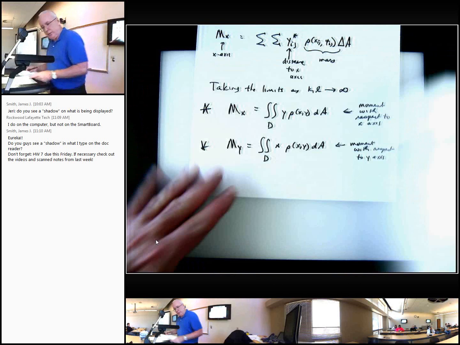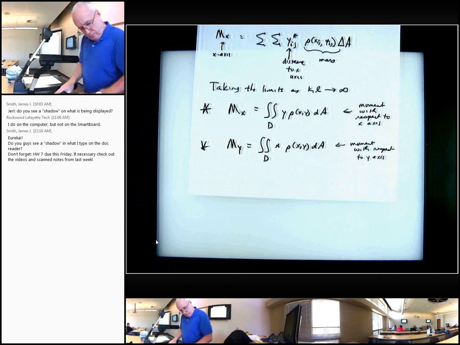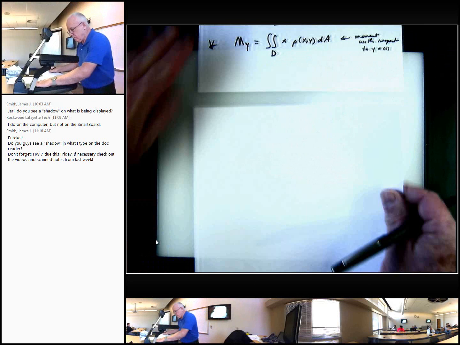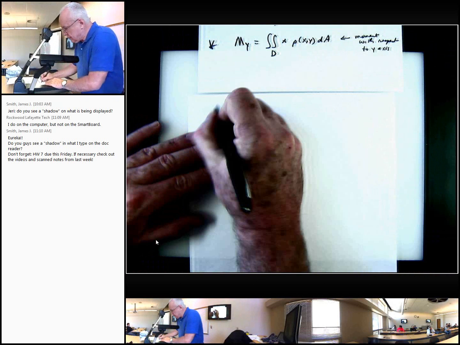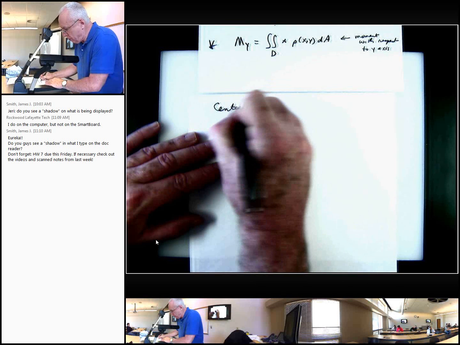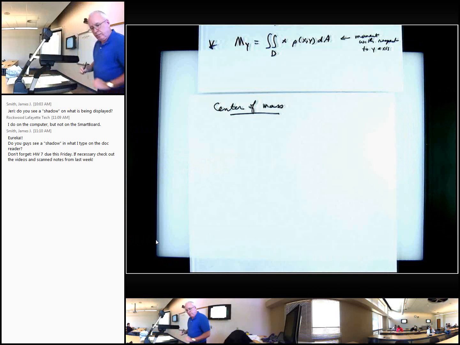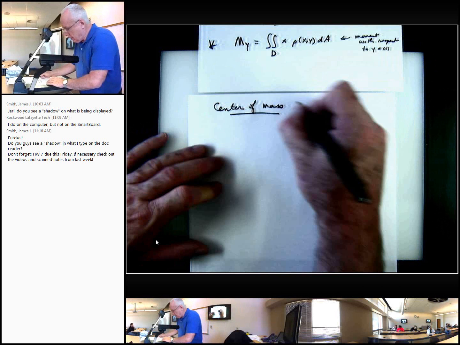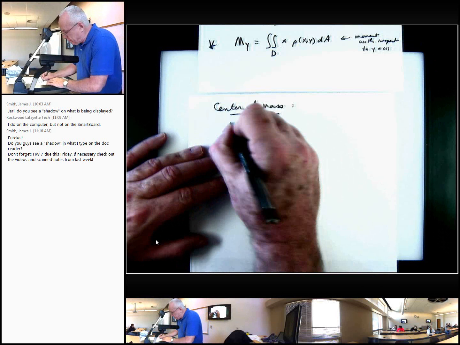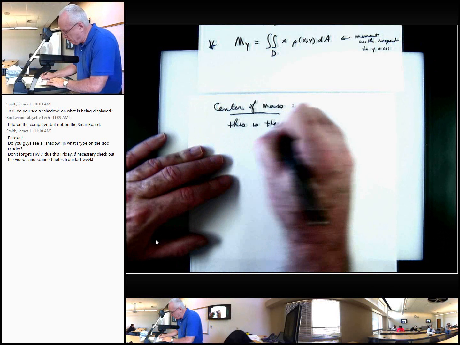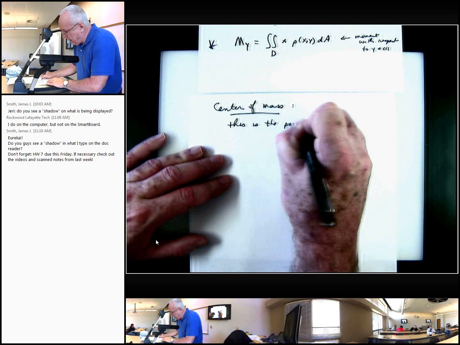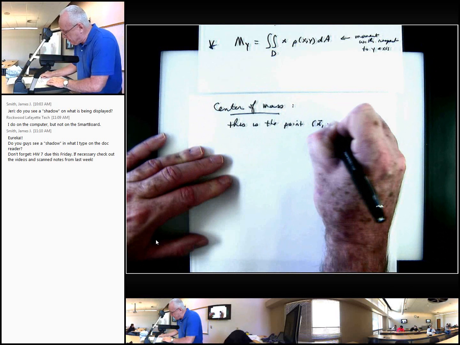Let me put this here. Center of mass. This is the point, and they usually put a bar over the x and the y.